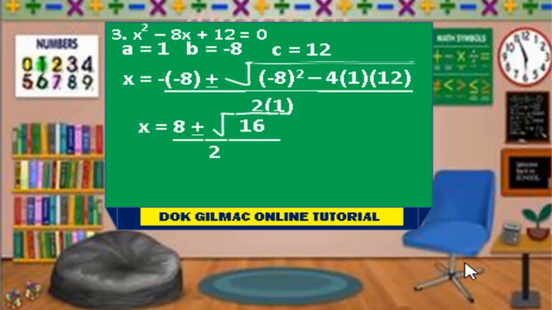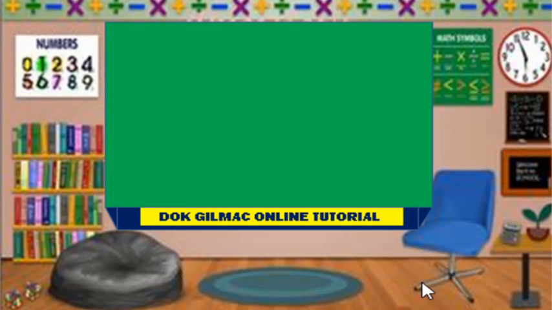Simplifying further, we have x is equal to 8 plus square root of 16 is 4, all over 2, or simply 12 over 2, which is just equal to 6. And x is equal to 8 minus 4, since square root of 16 is 4, all over 2. So we have 4 over 2, or 2. So take note of that.